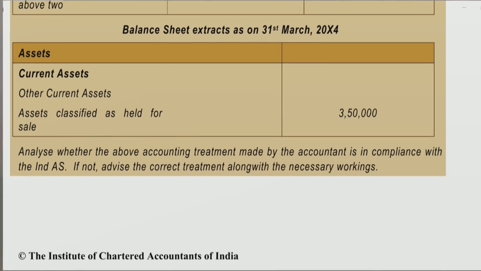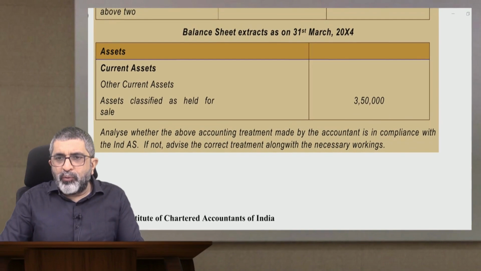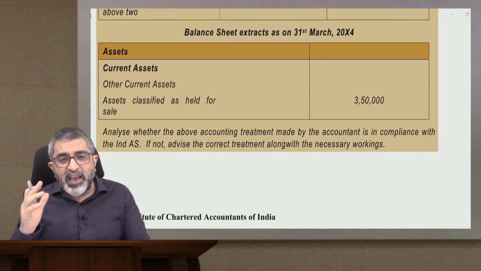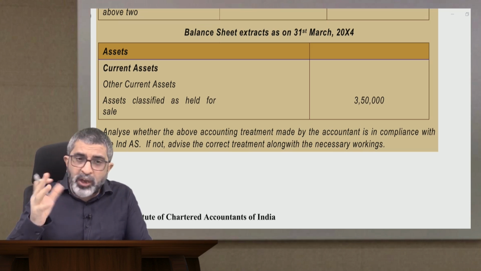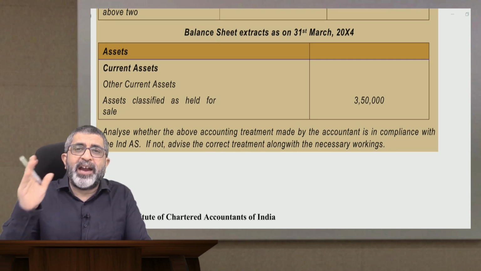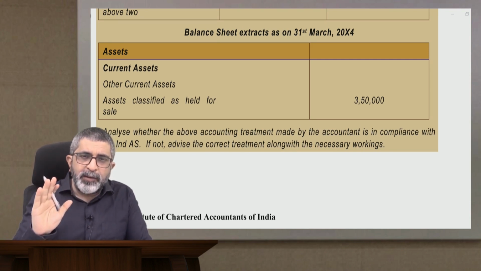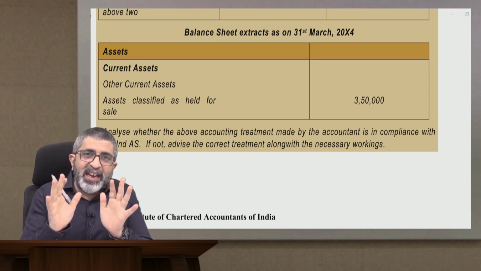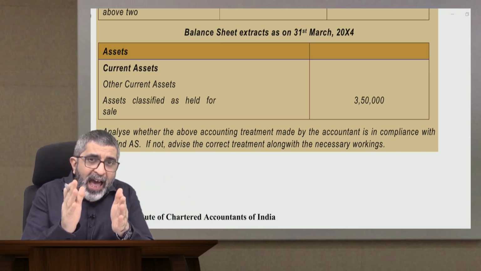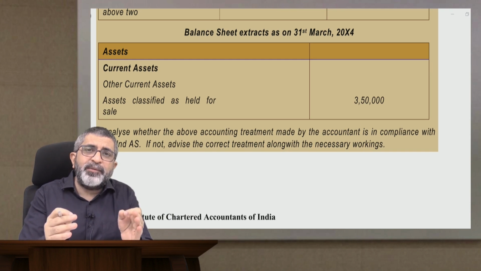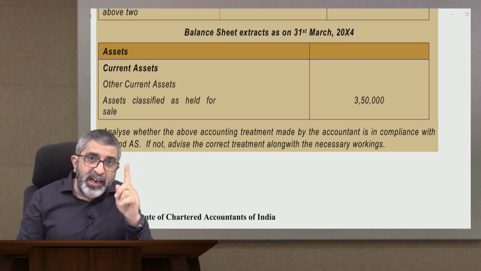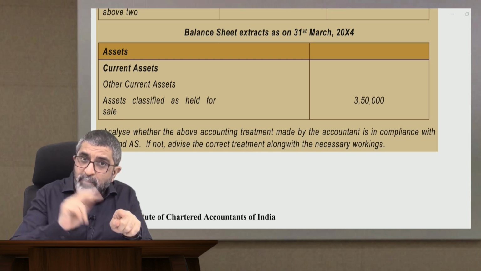So guys, if you look into this whole matter, what exactly is this case targeting? This case is talking about a scenario where an asset is classified as held for sale. So first of all, which Ind ASs are coming into picture? First of all, the asset primarily is classified as property, plant and equipment, that is Ind AS 16 is getting involved.